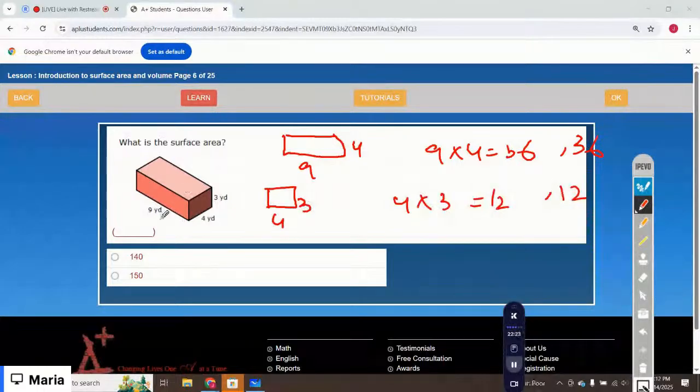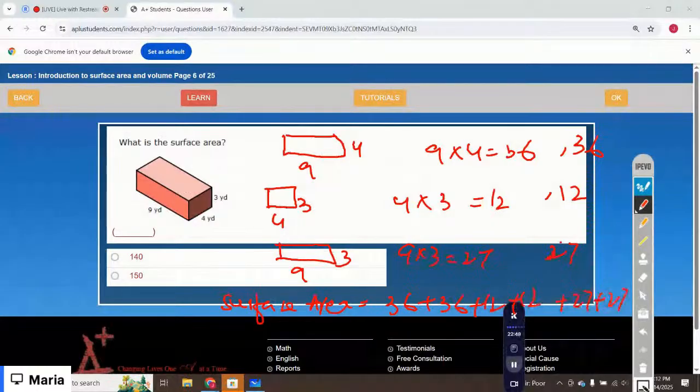And then we have the third side that is 9 and 3. So 9 times 3 is 27. And we have the other side also. So 6 sides total, right? Now you need to add all these areas. The surface area equals 36 plus 36 plus 12 plus 12 plus 27 plus 27.